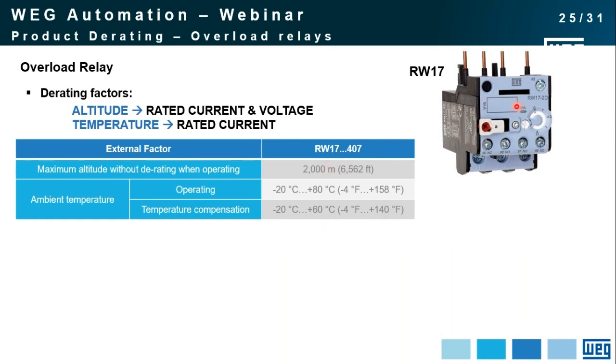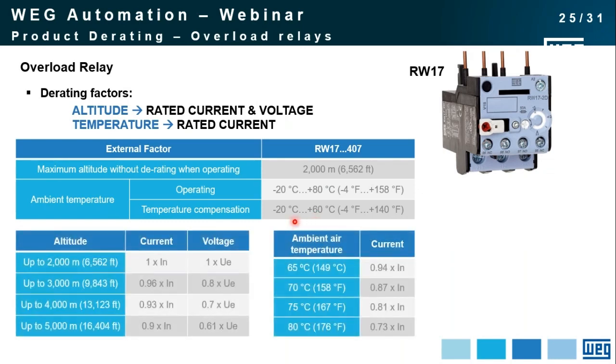And this device, just like the motor protective circuit breaker, also has a compensation mechanism, so that up to 60 degrees Celsius no temperature compensation has to be done. Once again, more tables give us factors to reduce the rated current or voltage of this component in case we use it in higher altitudes or higher temperatures.